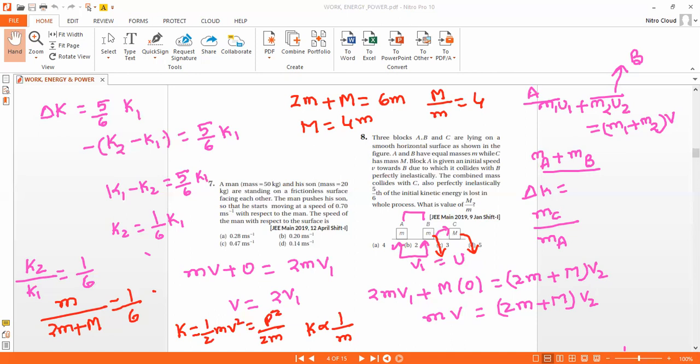That's why I consider p square by 2m. Whenever the energy is lost, in your exam, immediately you should get an idea that kinetic energy must be inversely proportional to the mass. Your way of approach must continuously change.